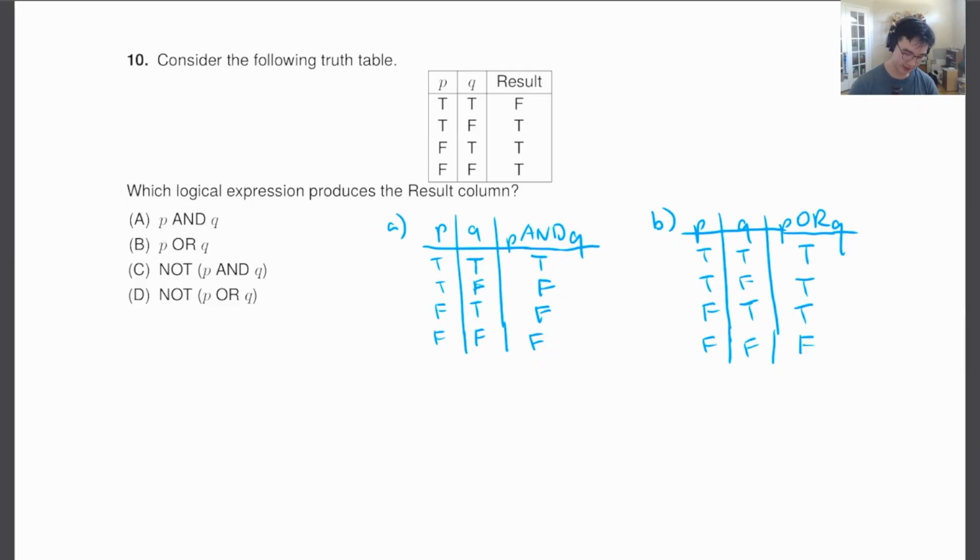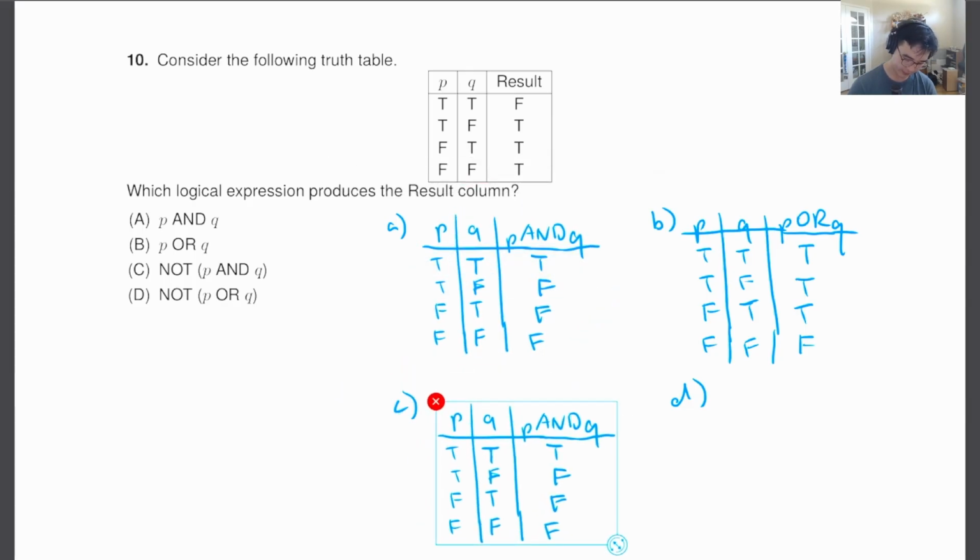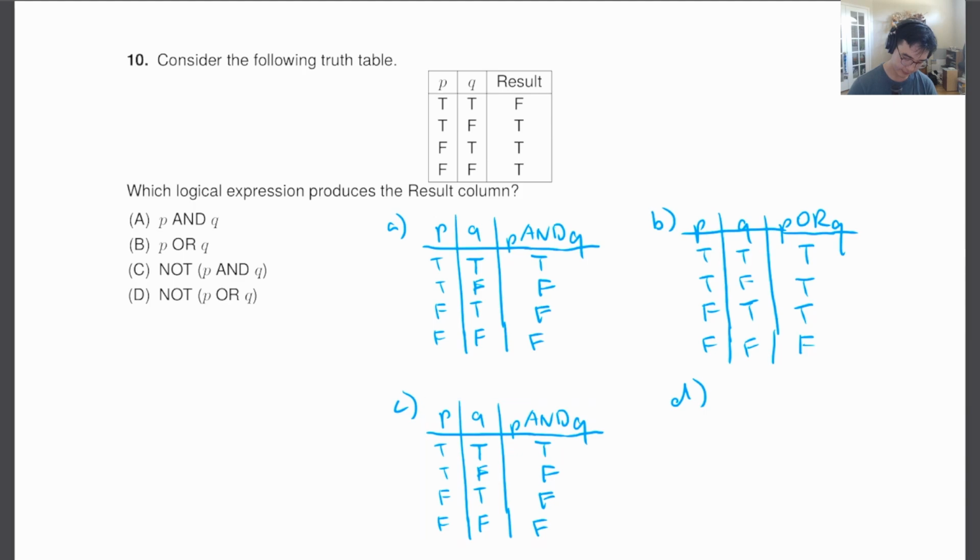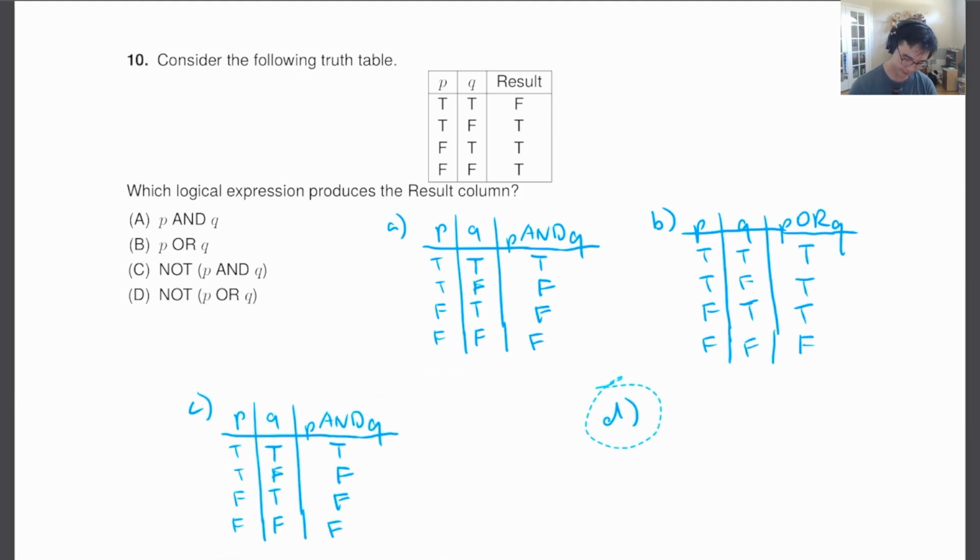Now for C and D, I'm going to borrow a little bit from A and B. Copy that. Let's do this over here. So we can break this problem up into separate parts. We already have P and Q. What C is doing is just notting that result.